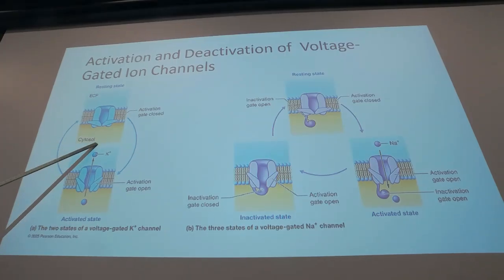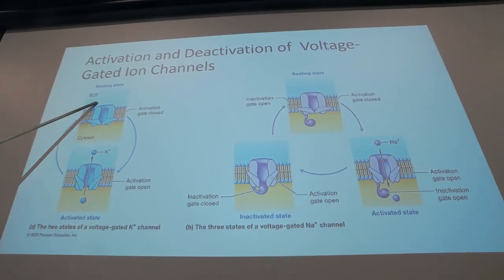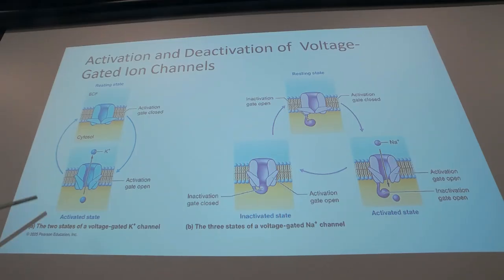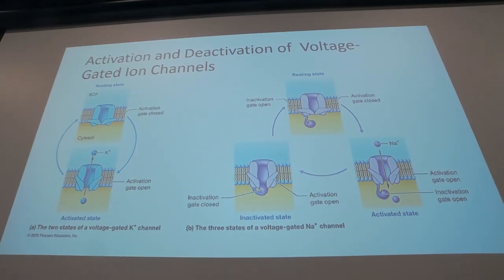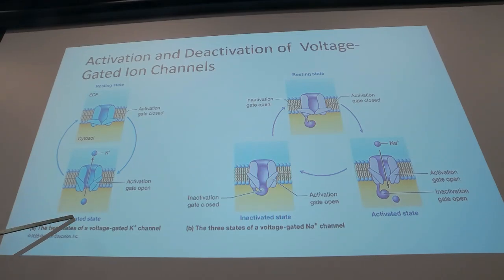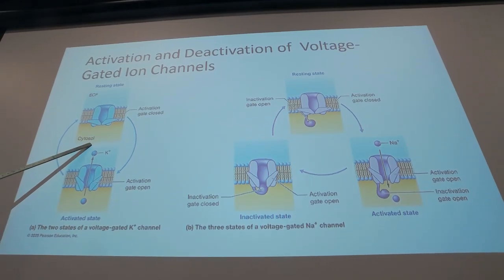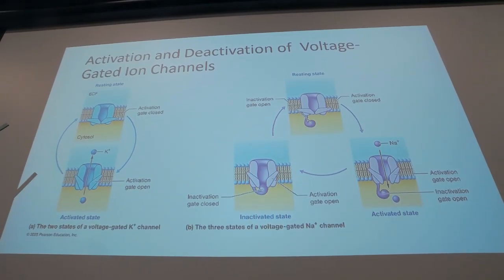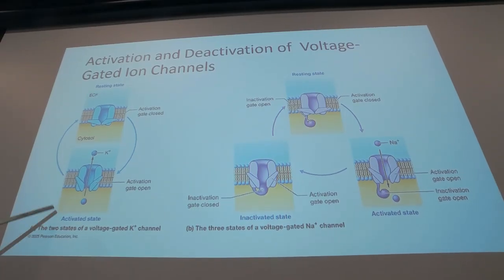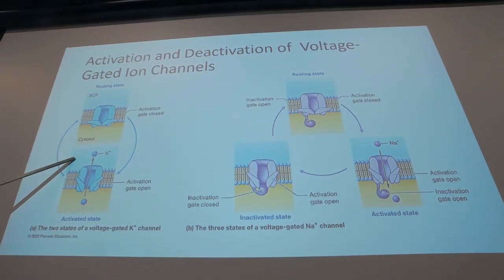The cytosol here is shown in yellow color, extracellular fluid in blue color. So when you have voltage applied, this will open and then potassium escapes. Why? Because you have more potassium here in the cytosol than in the extracellular fluid.